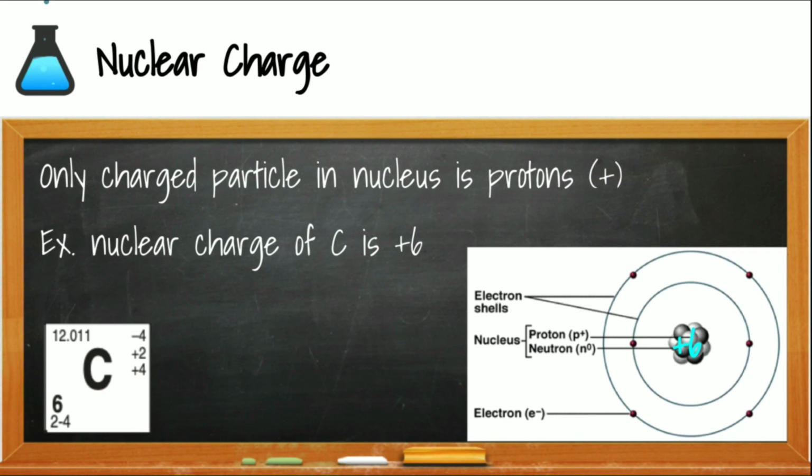Since in the nucleus there are positive protons and uncharged neutrons, the nuclear charge is always the same as the proton number. So when we look at carbon, we know that because it has the bold 6 as its atomic number, it has 6 protons. So the nuclear charge of a carbon atom is positive 6, even though the overall charge of the entire carbon atom is 0.